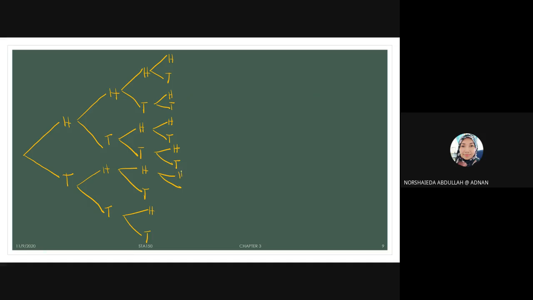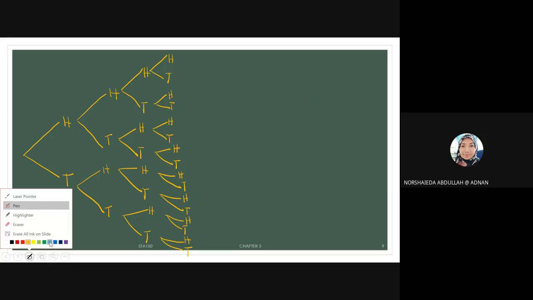Okay, I've gone down the page. Hopefully you can all see this. Head or tail. This one also head or tail. And head or tail. So the possible outcomes here are 4 heads. Head.